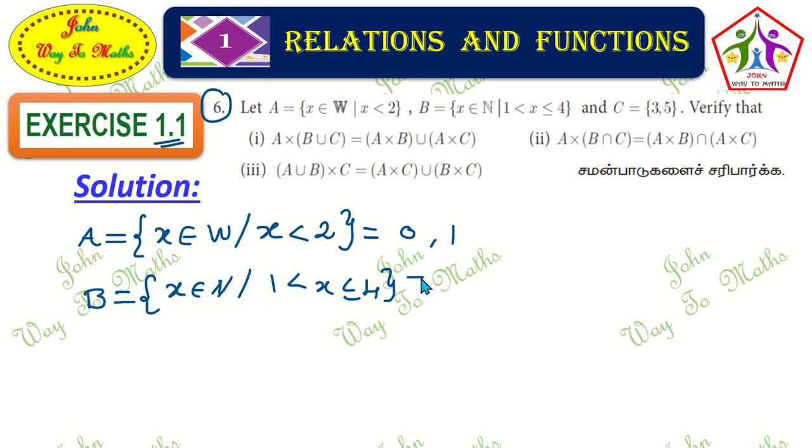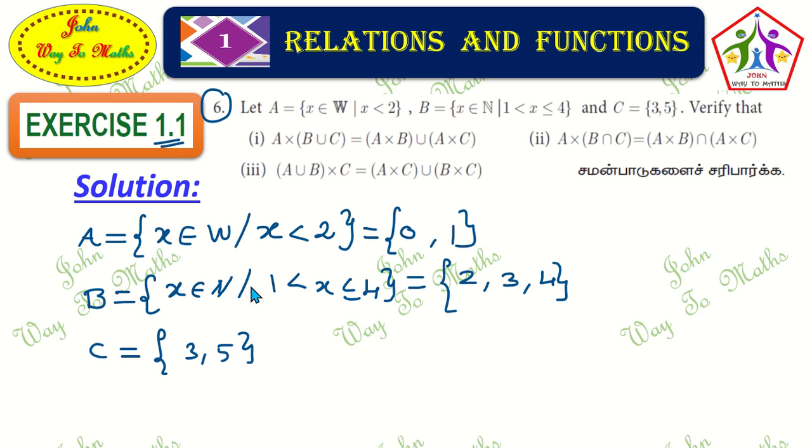Here it is said x lies between 1 to 4, so 1 is excluded, so 2, 3, and 4 included. So this is the B set, this is the A set. Next C is already given data, so the set {3, 5}.